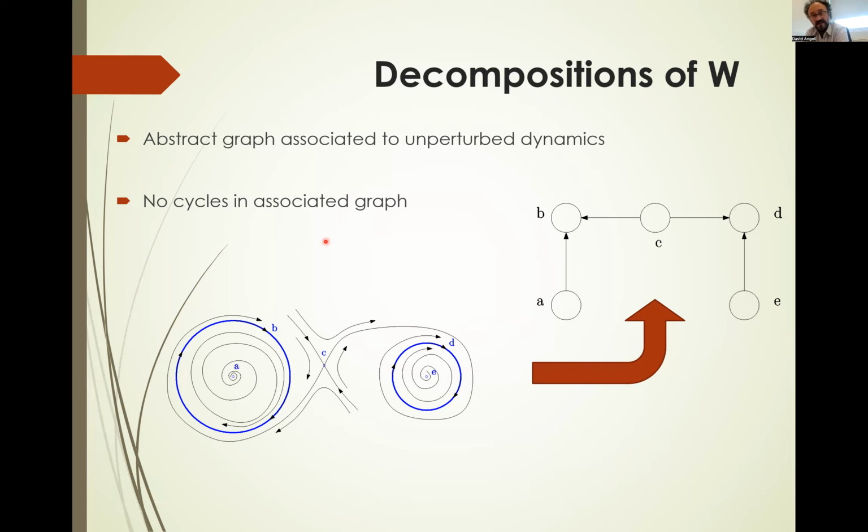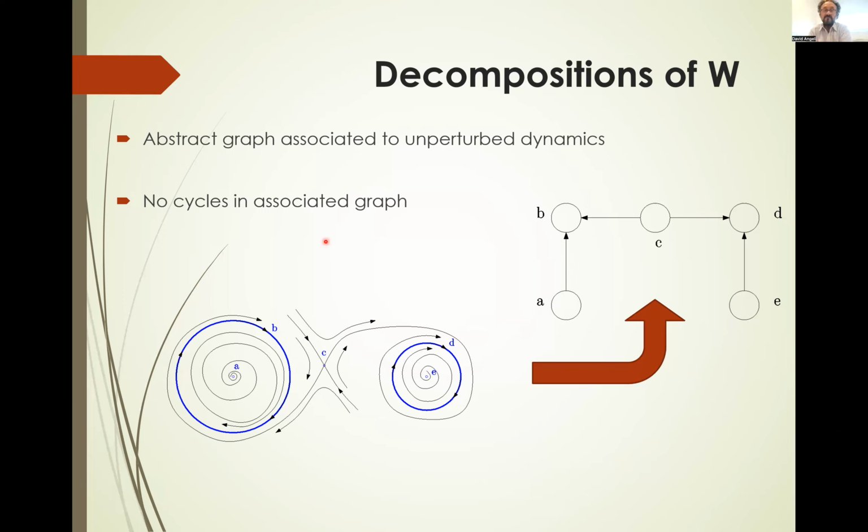Okay, the lack of these cycles in the associated graph. So despite only having an attractivity property, you can have a converse Lyapunov theorem for this situation. And this is a fairly general assumption, honestly.